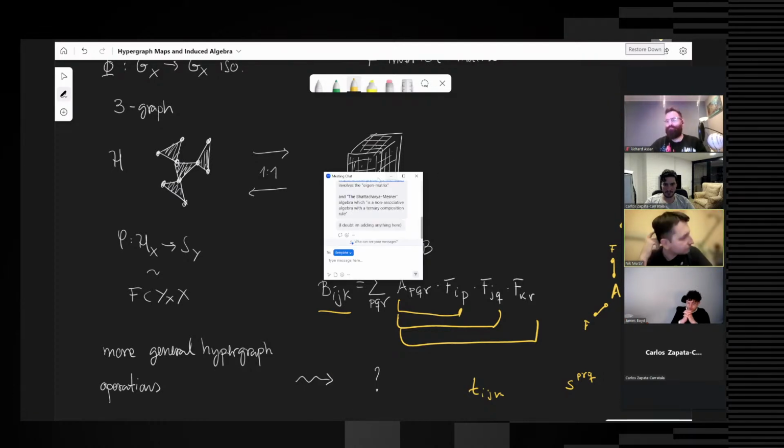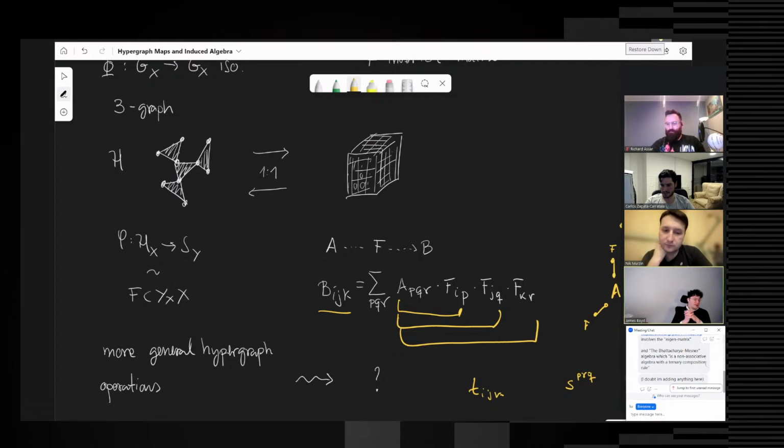Well, we've almost run out of time, unfortunately. The stakes of this discussion between Carlos and Nick, which has been very nice, by the way, are that Carlos is wondering to some extent whether this finding of his justifies the invention of this ternary contraction, ternary composition, or whether Nick can identify some way in which this can be done without inventing this new thing.